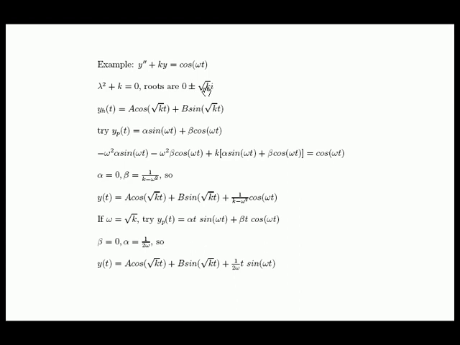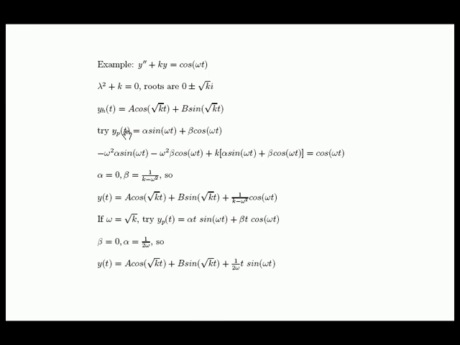The real part is 0, so e to the alpha t is e to the 0t, which is just 1. The general solution of the homogeneous equation is cosine of square root of k t, sine of square root of k t. That's a type 2 homogeneous equation.